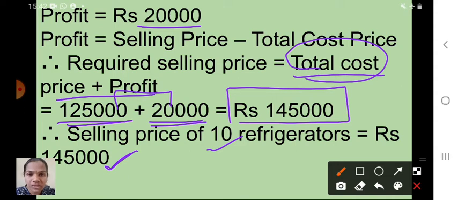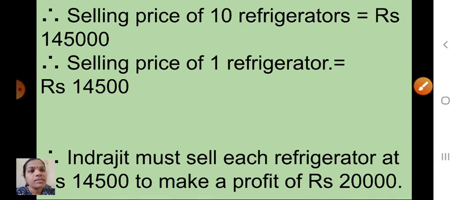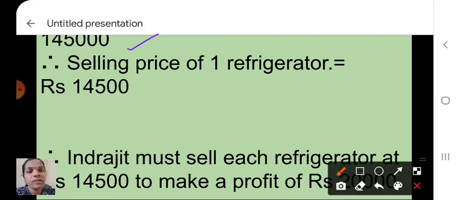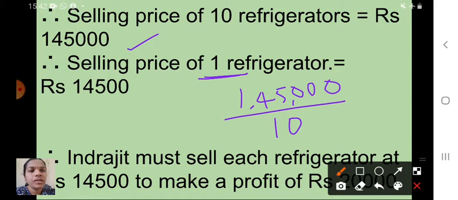So selling price of one refrigerator, what we have to do? We have to do division. Yes. Selling price of 10 refrigerators, that is 1,45,000. So selling price of one refrigerator is what? 1,45,000 upon 10. Okay, so children, this calculation you have to do in your notebook.